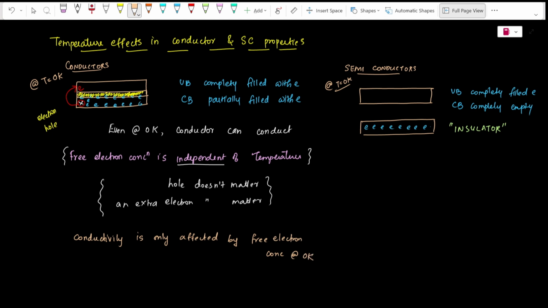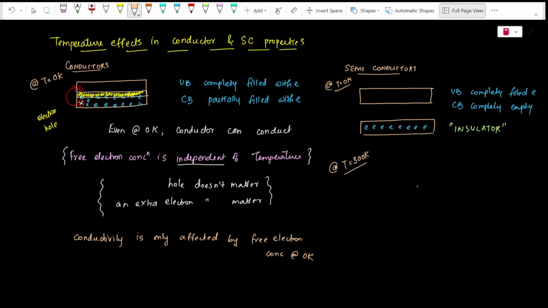But in the case of a semiconductor, that's not the scenario. Why? Because every electron that comes here can lead to the formation of a current. So that is going to matter. So what happens in the case of a semiconductor? Let's see. At T, let's say, equal to 300 Kelvin, I have increased my temperature to room temperature.